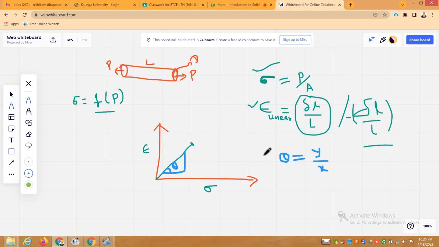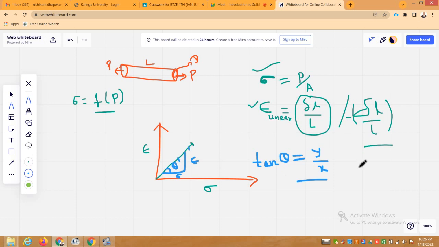So if you are using tan theta here, you will get strain here, you will get stress here. Choosing intermediate values to calculate this slope theta, for small angles tan theta is equal to theta. So you will get strain upon stress.